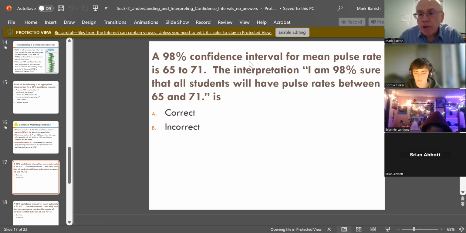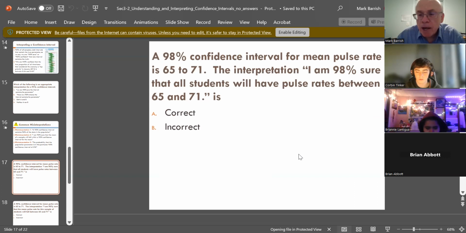All right, let's look at this one here. A 98% confidence interval for mean pulse rate is 65 to 71. The interpretation: I am 98% sure that all students will have pulse rates between 65 and 71. Is that correct?